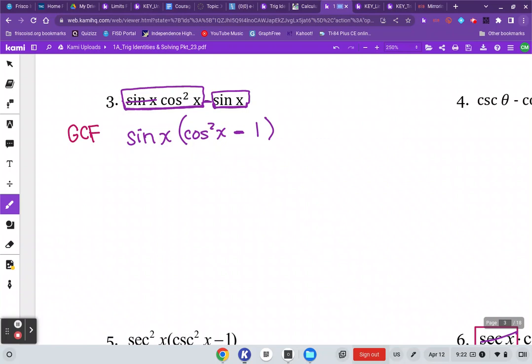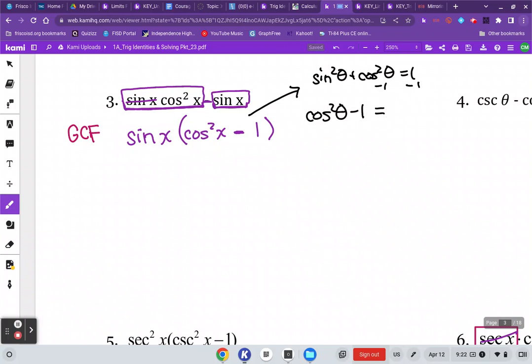I can move that around so that it looks like what I've got here, which is cosine squared minus 1. So we kind of have to think to ourselves, okay, here's my identity. I want to make it look like that. I want it to say cosine minus 1. So I have to move some terms around. If I subtract the 1 from both sides, I can get cosine squared theta minus 1.